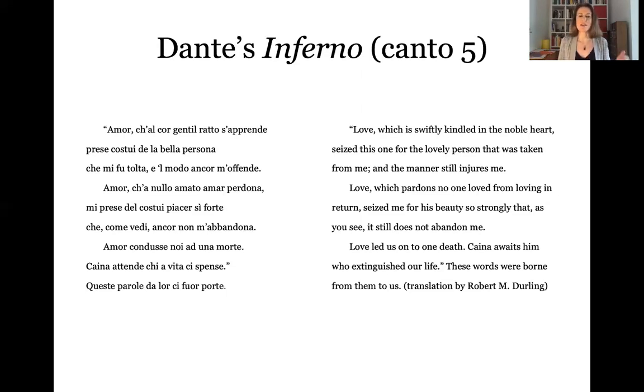And then she talks about, in the second terzina, those are the 3 lines, you can see the poem is organized in these sets of 3 lines. She talks about amor, again, does the work of making her have to love him in return, right? And then finally, amor condusse noi ad una morte. What is the result of this inevitable reciprocal love? They're both carried toward death.